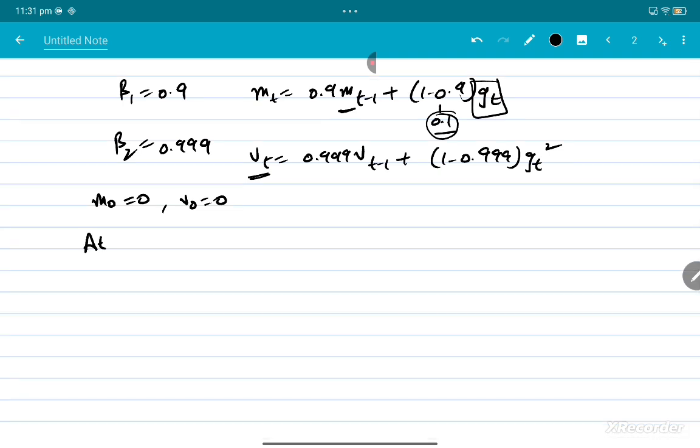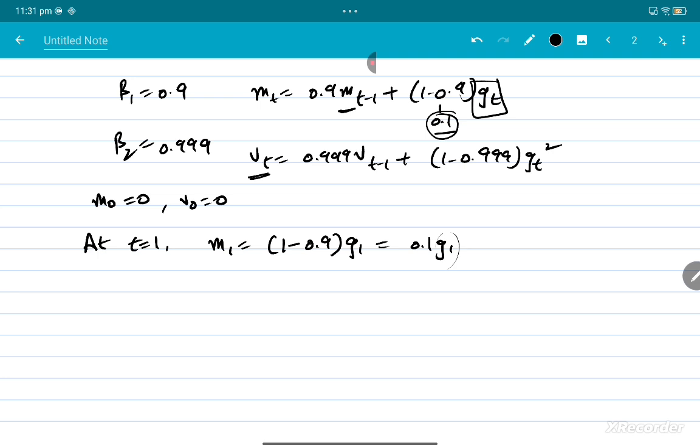At t equal to 1, m_1 will be (1 minus 0.9) times g_1, because the previous value is 0. So it is 0.1 times g_1. In the first step it is underestimating the gradient by 10x.